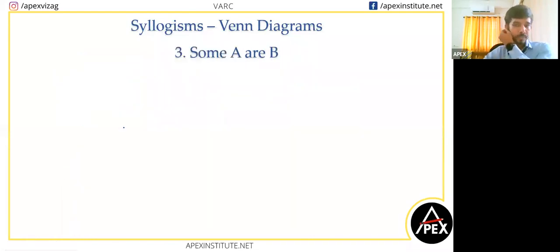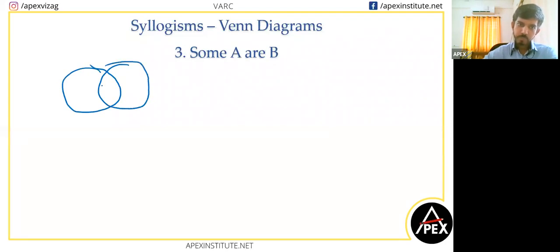Now the third one, some B are A or some A are B. And the most common way to draw this is you draw two overlapping circles. One circle is A's and one circle is B's. And this part of the circle which is overlapping are the A's which are also B's.